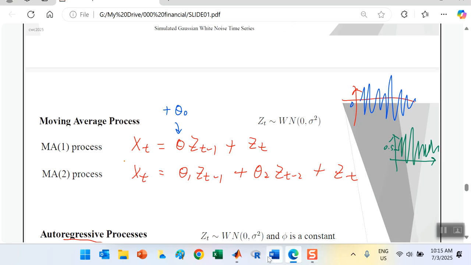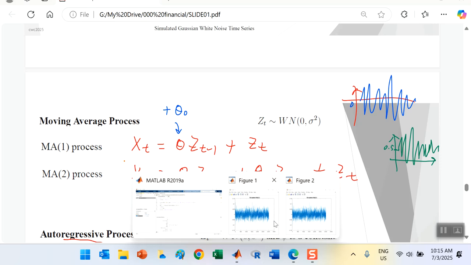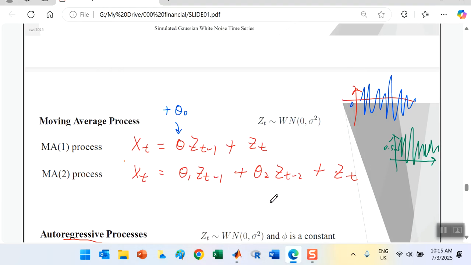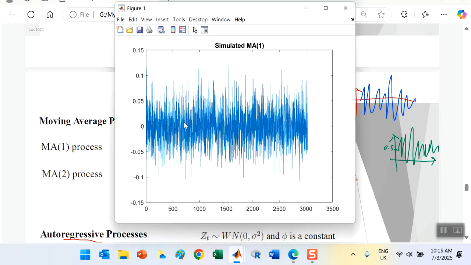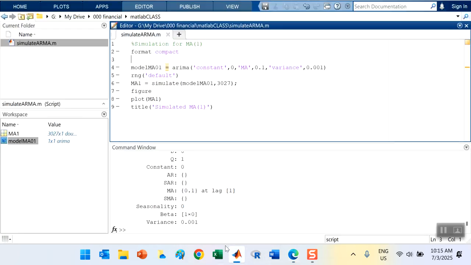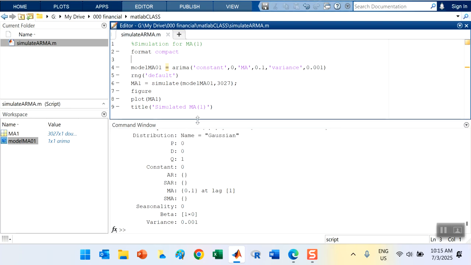It seems like a random process going up and down. But there is a serial correlation involved in this series, which is not easy to observe. So look at the specification of the model.